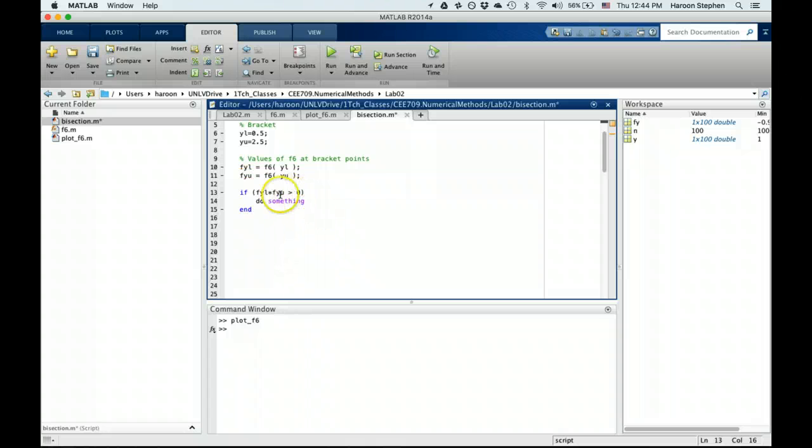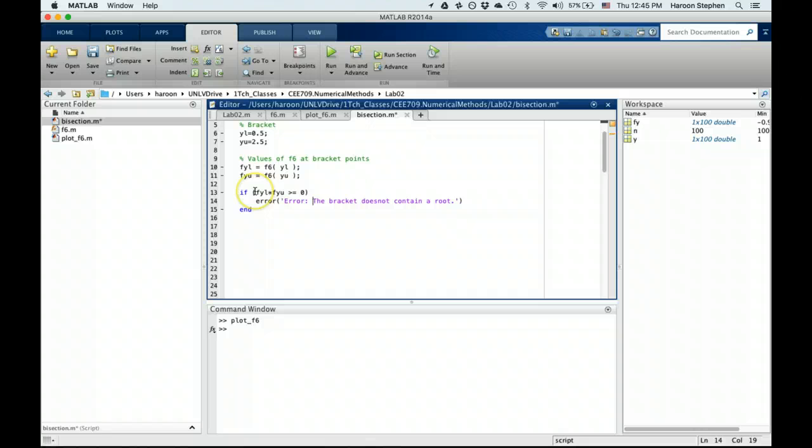What we are saying is that if this product is not less than 0, so greater than or equal to 0, then we want to generate an error. That can be generated by the error command, and we are saying that the bracket does not contain a root.